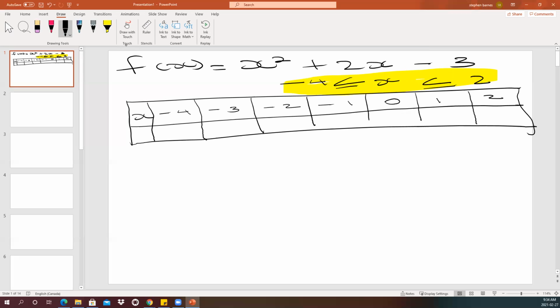All right, so let's work out now what the corresponding y values are, since we have the function. So let's do it for -4. So f of -4 is equal to -4 squared plus 2 times -4 minus 3. -4 squared would give you 16 plus 2 times -4 is -8, just put that in a bracket, minus 3.